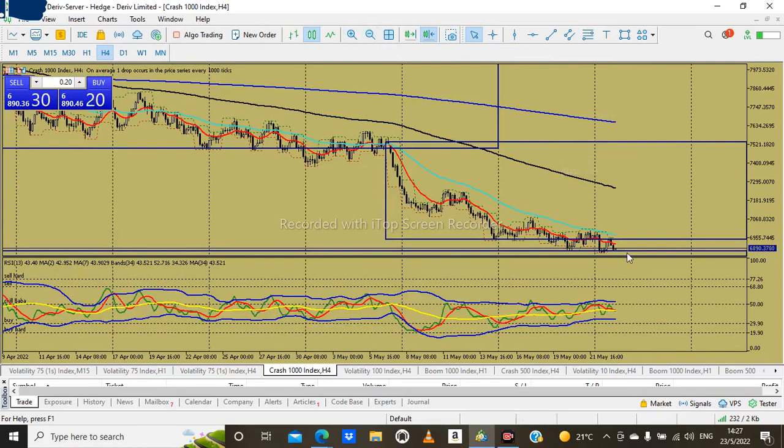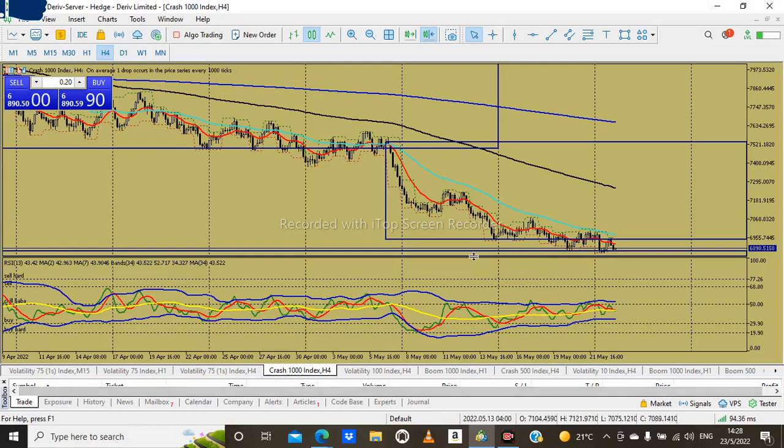A turning point occurs in three ways. A turning point happens in three ways. Let me show you what happens when a first leg is created, and how you know when a second leg is going to be created.